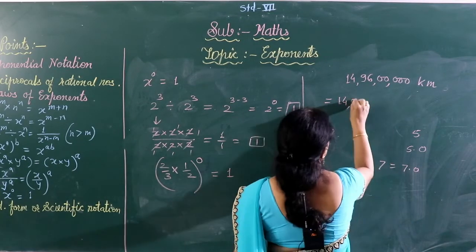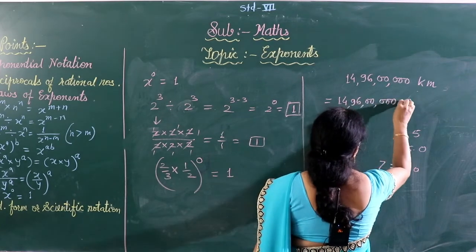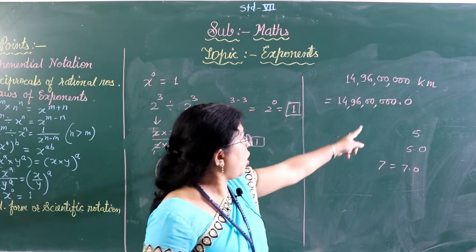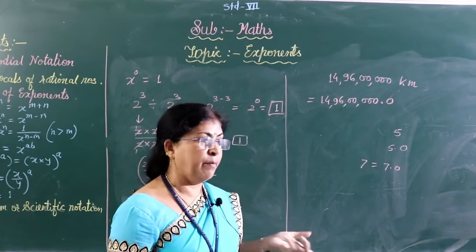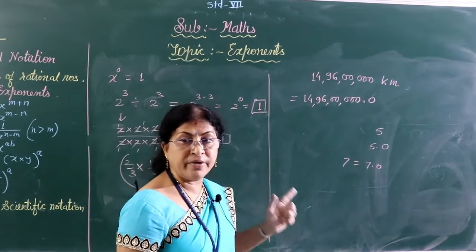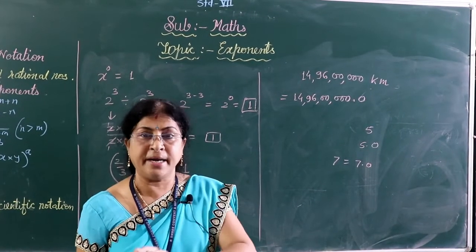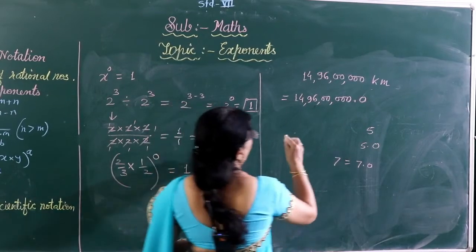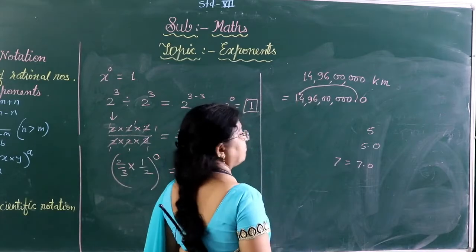Similarly, this number can be written with .0 at the end. Now we want to express this number as a decimal number between 1 and 10, so we must shift the decimal point to after the first digit, 1.